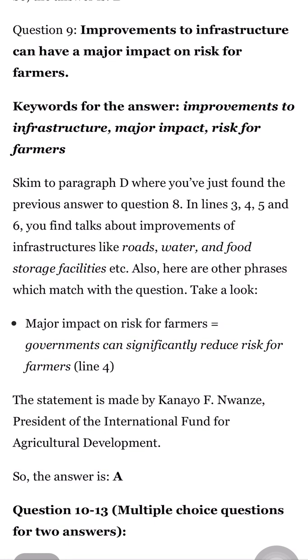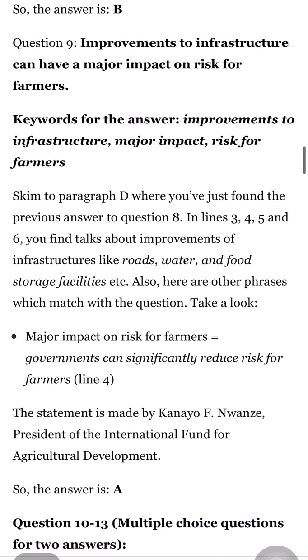Major impact on risk for farmers equals governments can significantly reduce risk for farmers, line 4. The statement is made by Kanayo F. Nwanze, President of the International Fund for Agricultural Development. So, the answer is A.